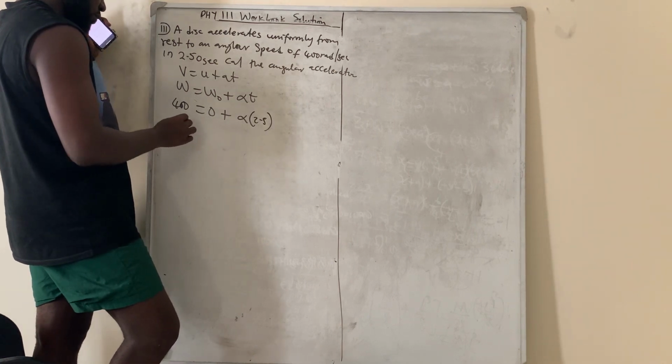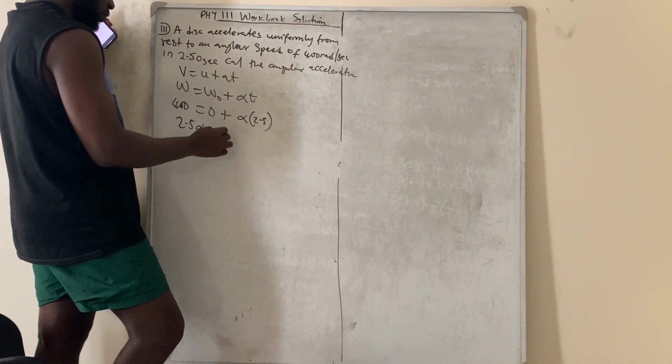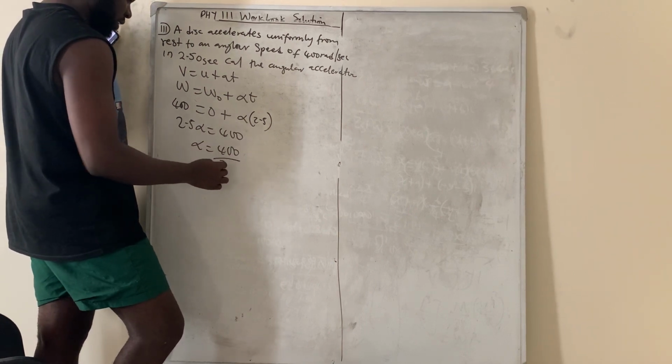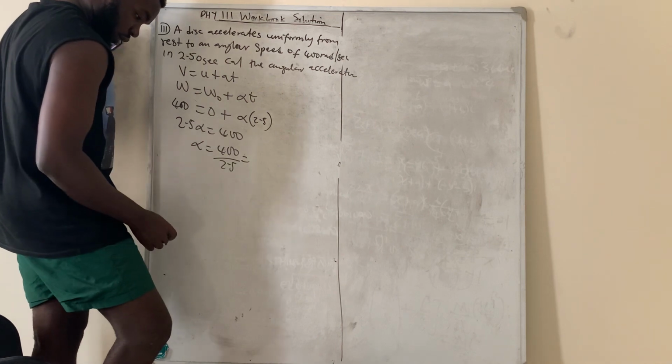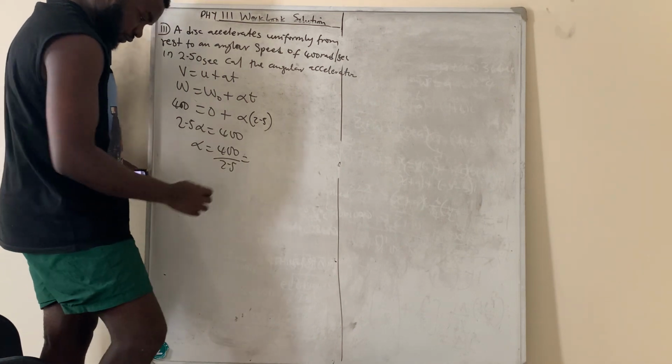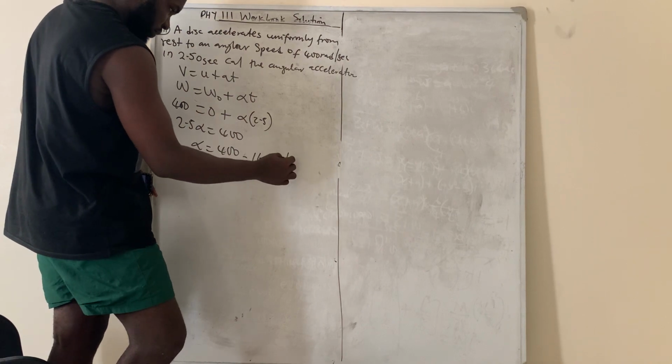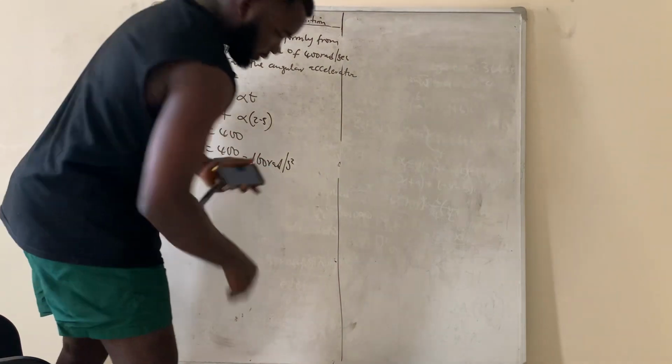So 2.5 alpha is equal to 400. So alpha will now be 400 divided by 2.5, which gives 160 rad per second squared.